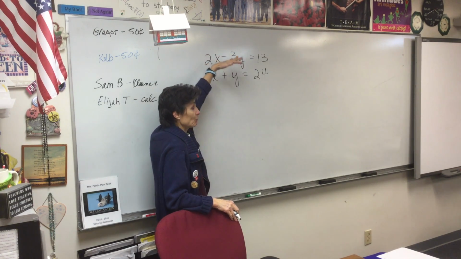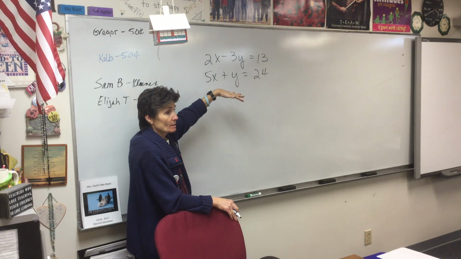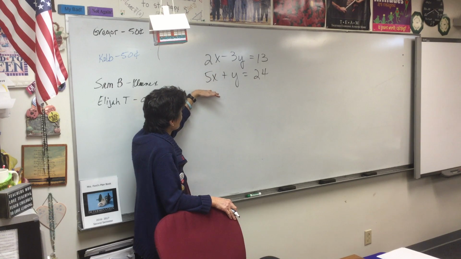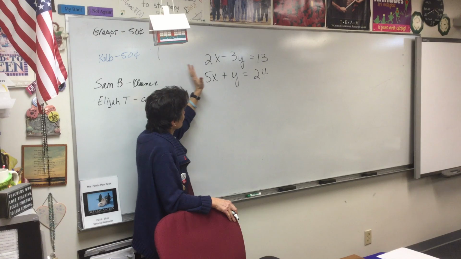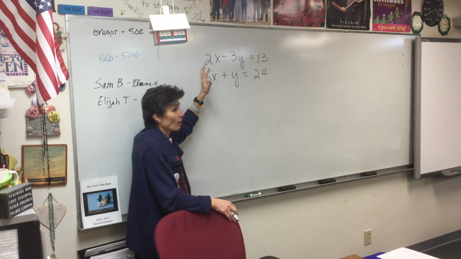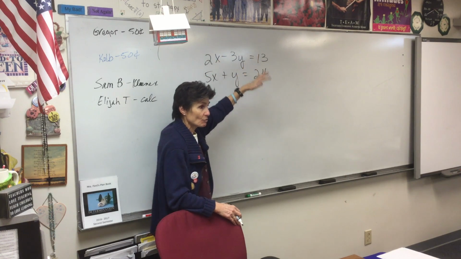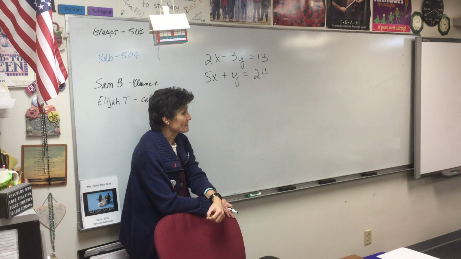If we were to add these together, we would not eliminate anything, because that would give us 7x and that would give us negative 2y. So I have to make a modification in the problem so that when I add, something drops out. And I don't care if it's x or y, something drops out.